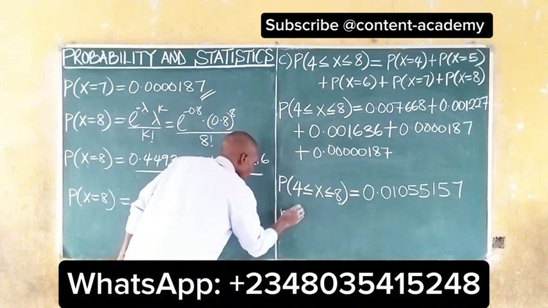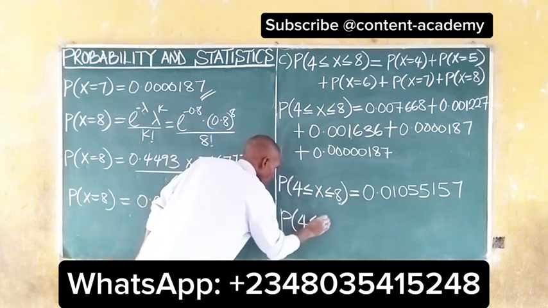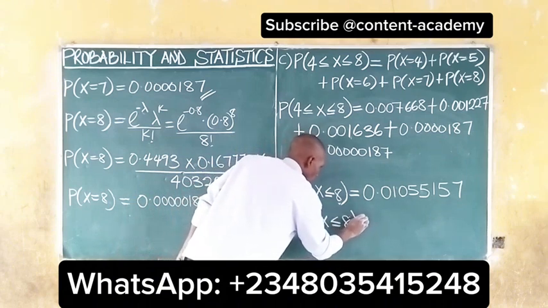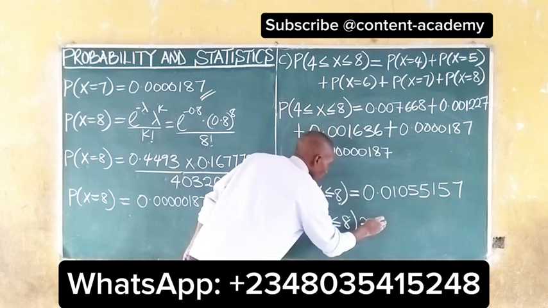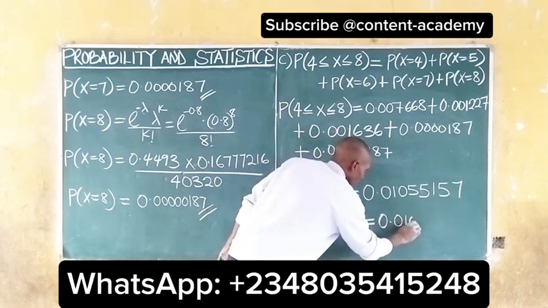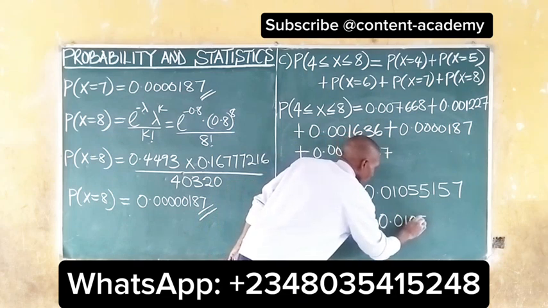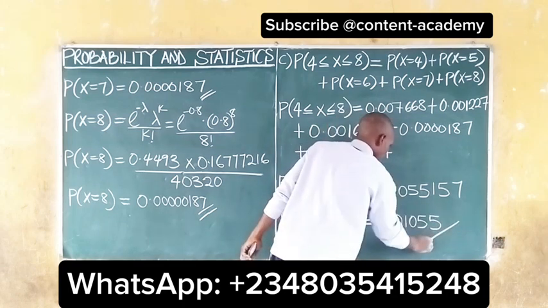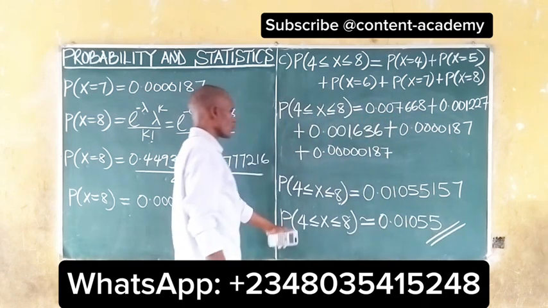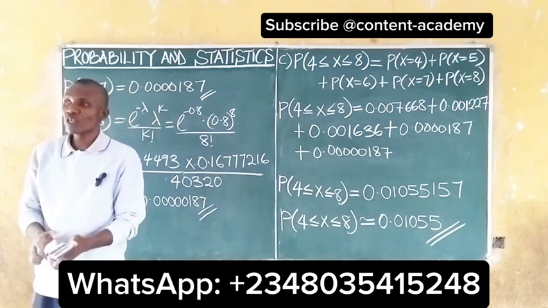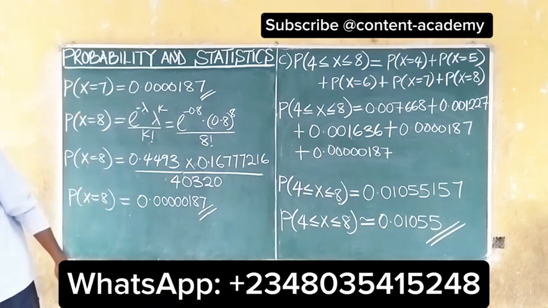We can still write it approximately to give us 0.01055. So this becomes our final answer for the C part of the question given.